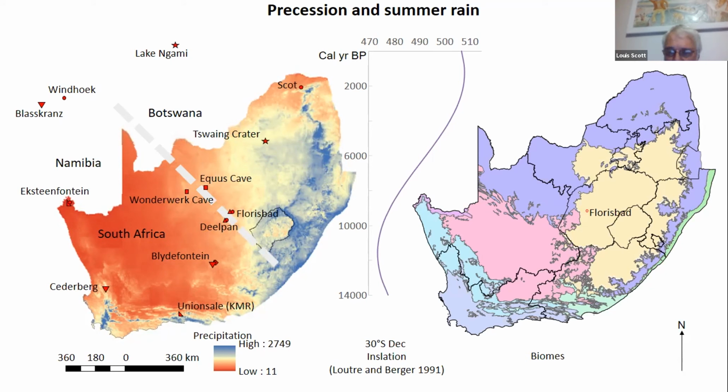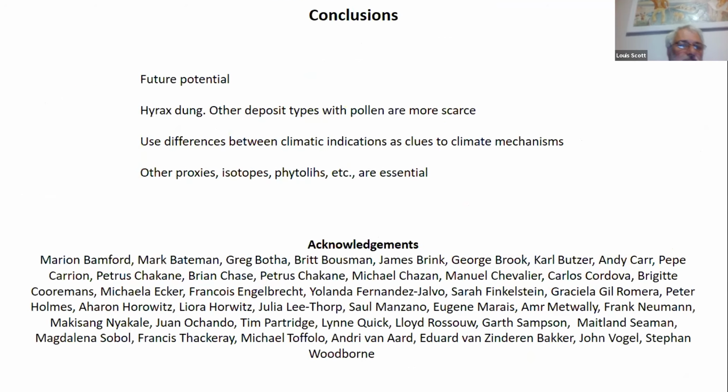So to conclude, I think the future potential that we'll ever have a very nice story from the drier parts is not so good. But hyrax dung is actually an excellent thing, and I think most potential lies in there, because it gives you a very direct reflection of the vegetation in cave shelters.